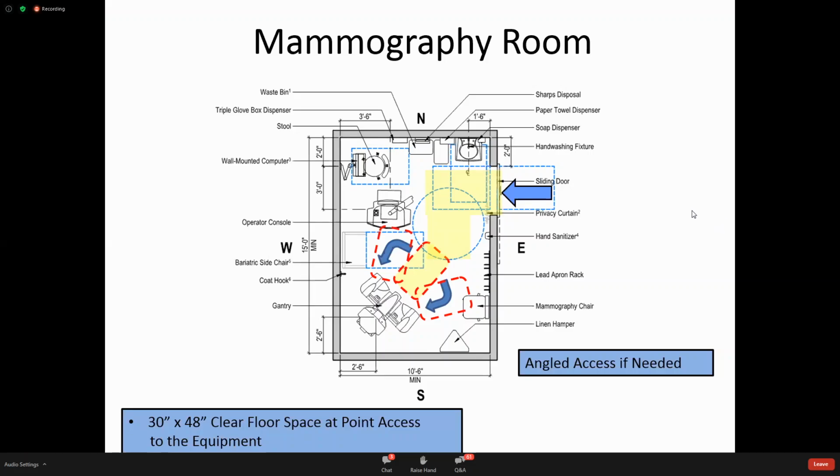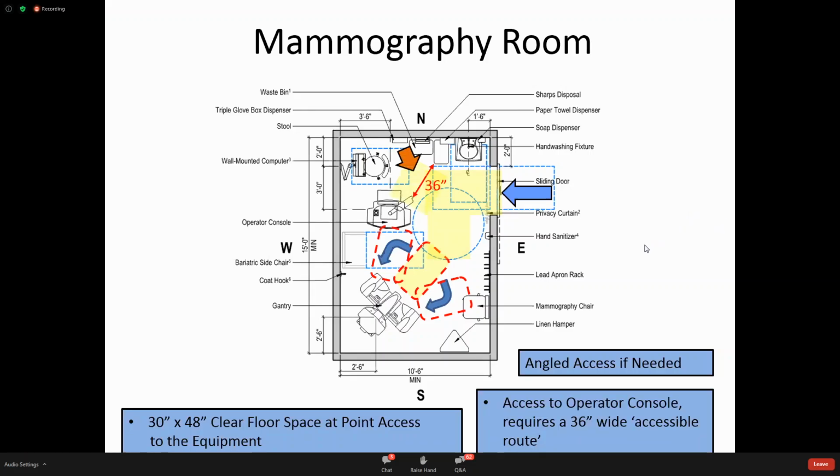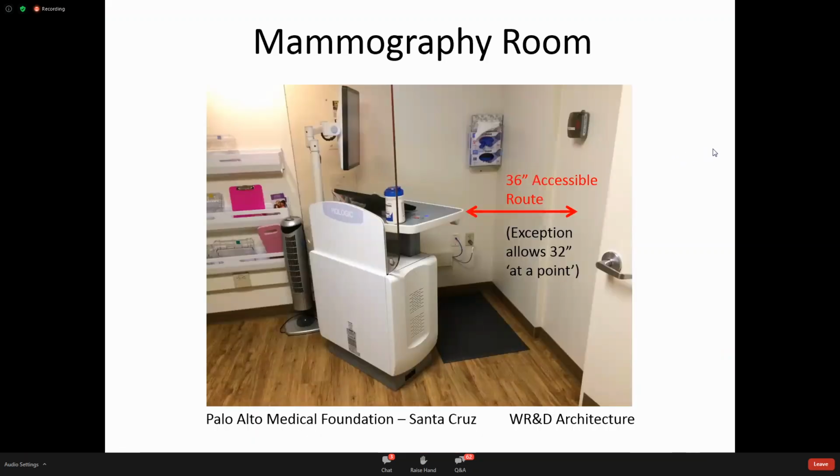We tend to not have much of an issue with that, but where we do run into problems is on the access to the console. You have to provide access for the staff to get through to where they do their work duty at the console. So the accessible route requirement is 36 inches, which is allowed to skinny up to 32 inches at a point.